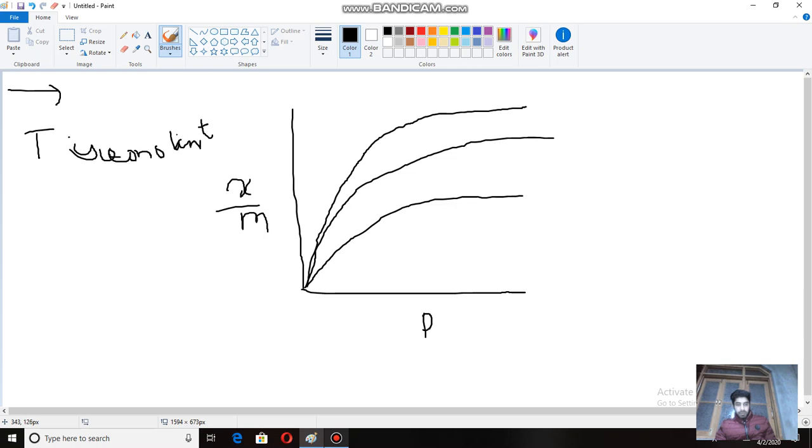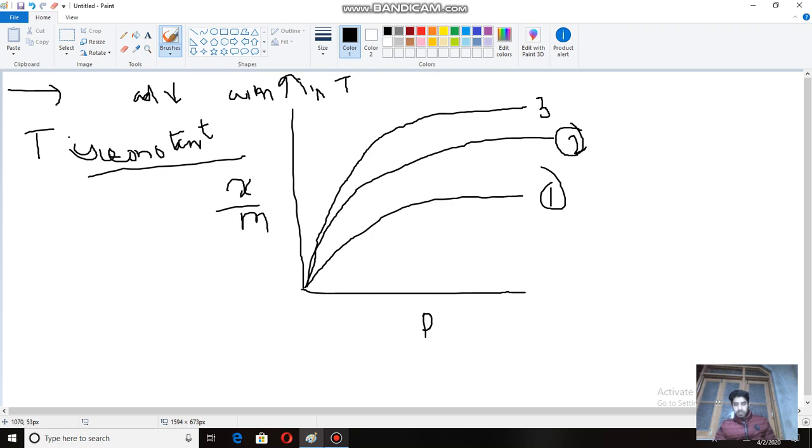We have seen the effect of temperature over adsorption: adsorption decreases with increase in temperature. I hope you remember this. Now this is graph number 1, this is graph number 2, and this is graph number 3. These three graphs represent the process.